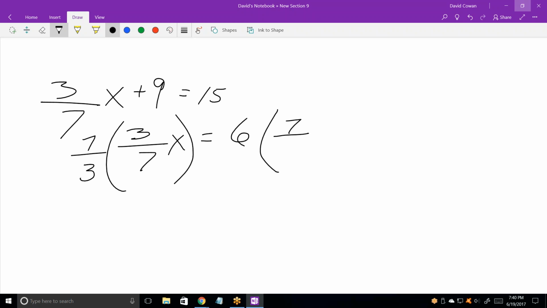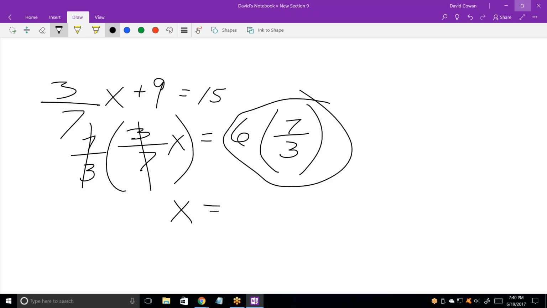Okay. So that 7/3 cancels with that 3/7, and you end up with x equal, what's the easiest way to get that? Can you do like 3 times 6 plus 7? Well, you can do 7 times 6 divided by 3. Oh, okay. That's the long way to do it, is 6 times 7 divided by 3.